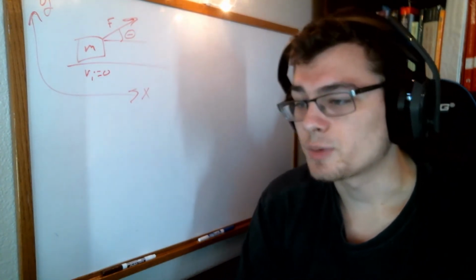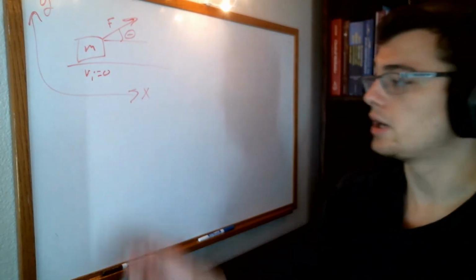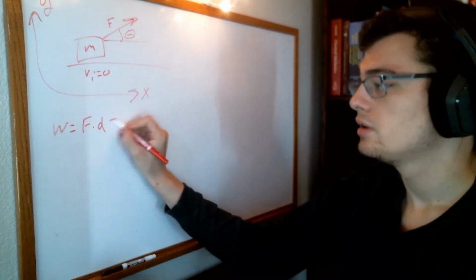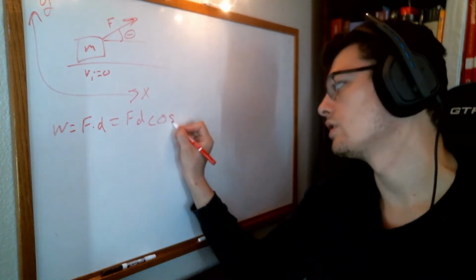It's finding an expression for the work done on this object. We've gone over this previously, where W is equal to F dot d, and so this is going to be equal to F d cosine theta.